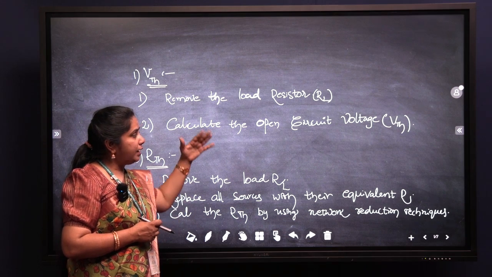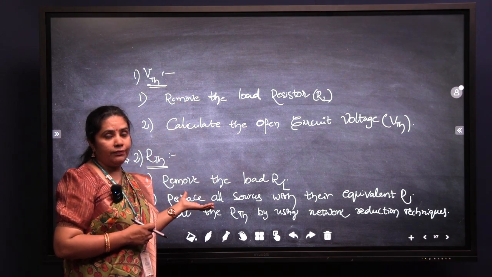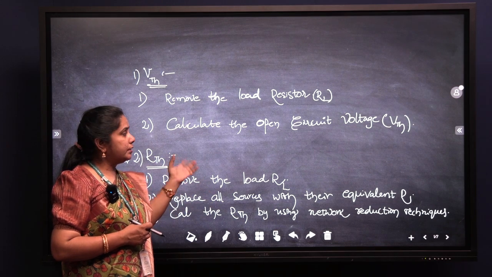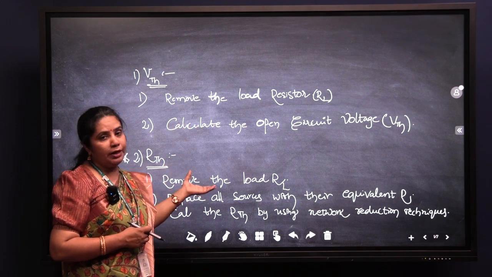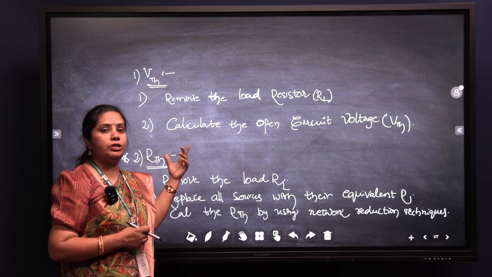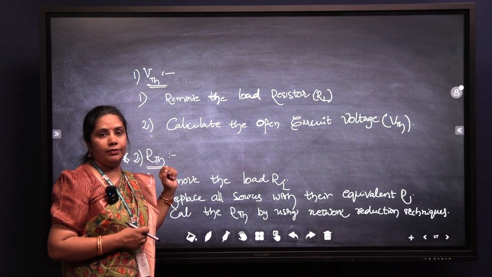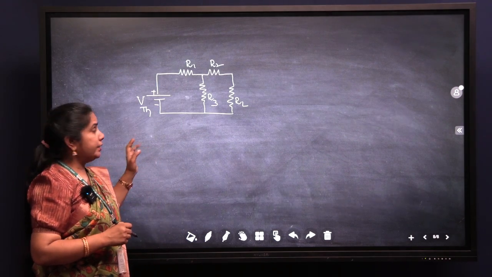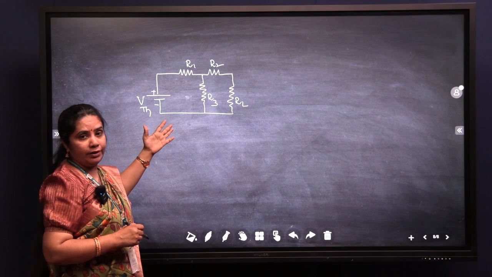Now I will show you how to calculate Thevenin's voltage and Thevenin's resistance by using some numerical examples and models, and what steps are involved. Then you will get a clear idea about Thevenin's theorem. Here I am considering this model to apply Thevenin's theorem.